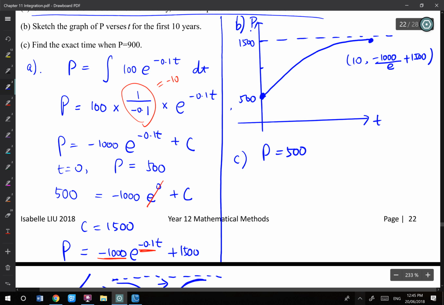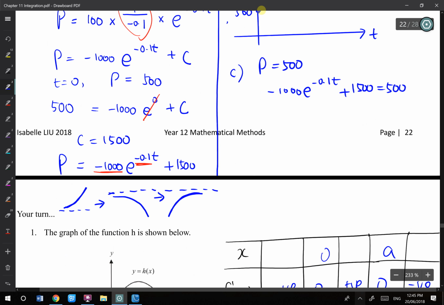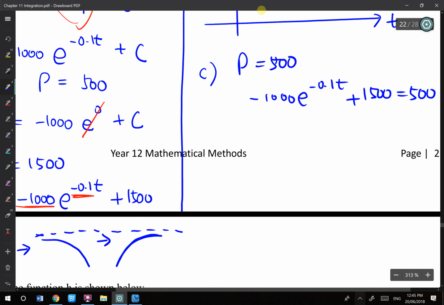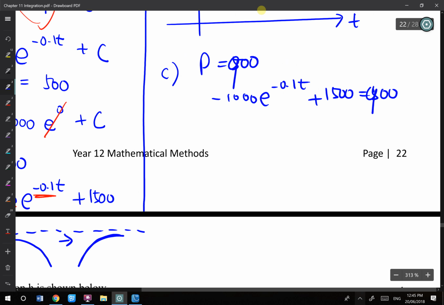The last one asks when the population is 900. Sorry, 900. So solve that equals 900.